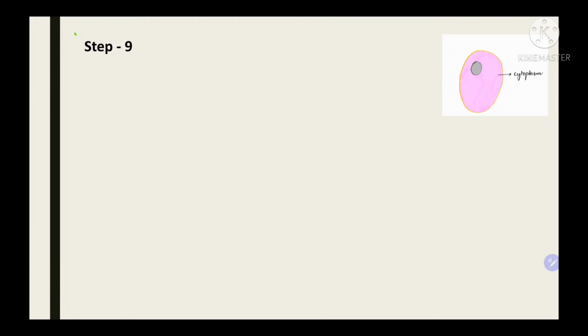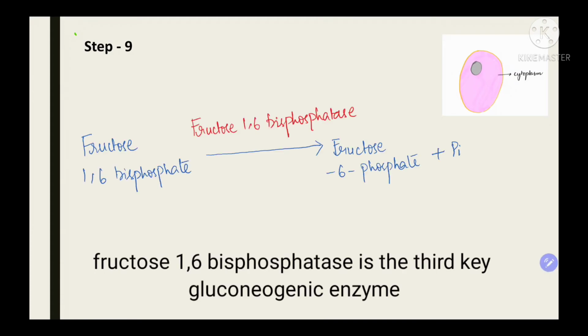Now this is step 9 of gluconeogenesis, in which fructose 1,6-bisphosphate is acted upon by fructose 1,6-bisphosphatase to form fructose 6-phosphate. This is one of the other key gluconeogenic enzymes. This step mainly overcomes the irreversible step of phosphofructokinase of glycolysis.